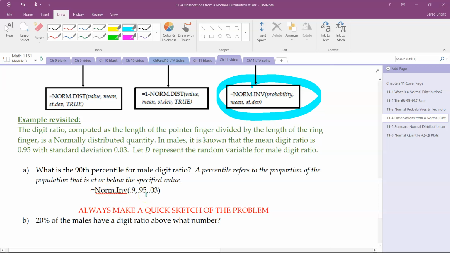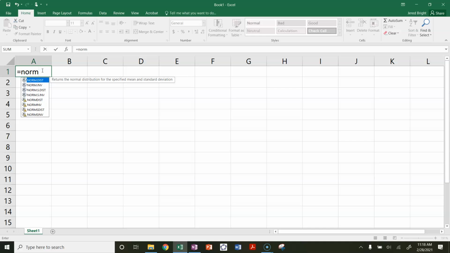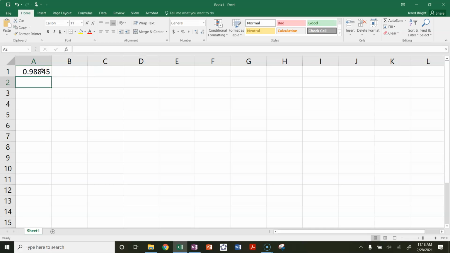All right, so let's hop into Excel and calculate that quick. And here's our handy dandy Excel sheet. So I'm going to do norm.inv. The probability was the 90th percentile, not to be confused with the digit ratio. The mean digit ratio was 0.95. The standard deviation was 0.03. And boom, we got 0.988.